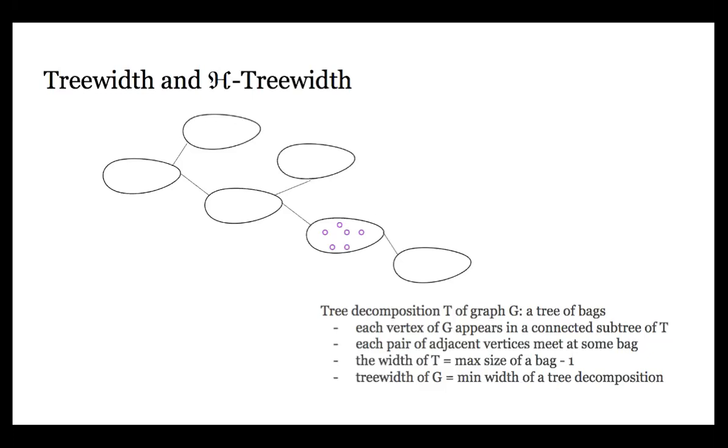Each vertex of G should appear in a connected subtree of the tree decomposition, and each pair of adjacent vertices should meet in some bag. We define the width of a tree decomposition as the maximal size of a bag minus 1, and the tree width of G is the minimal width of any tree decomposition.